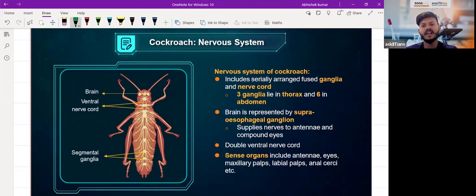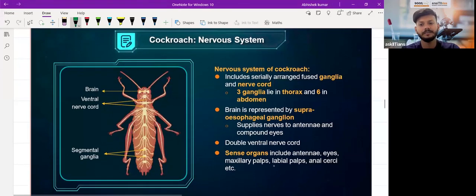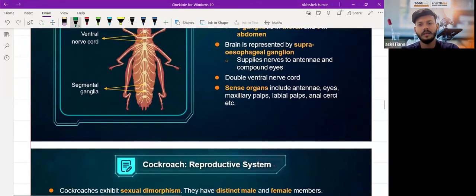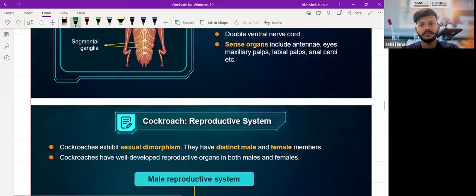So three ganglia lie in the thorax and six in the abdomen. The brain is represented by the supraesophageal ganglion and supplies nerves to the antennae and compound eyes, and there is a double ventral nerve cord. Sense organs include antennae, eyes, maxillary palps, labial palps, and cerci.